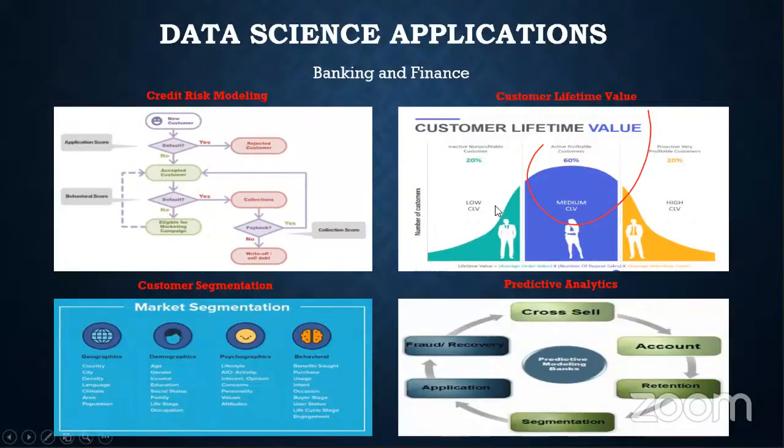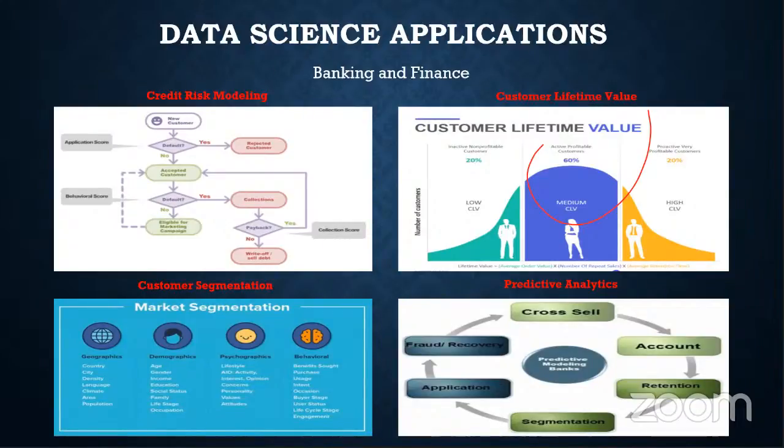Then a very classic example is customer lifetime value. For example, they have some inactive customers, some active customers, and they might have some proactive customers. There are some customers who always pay on time. The bank doesn't even have to see about it. Whenever there is a due date, they pay before that.